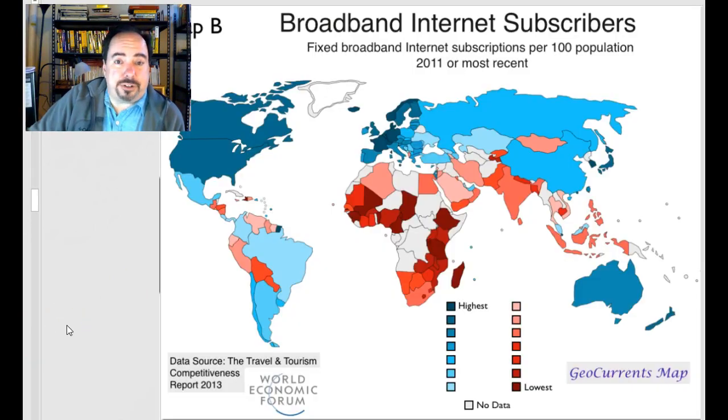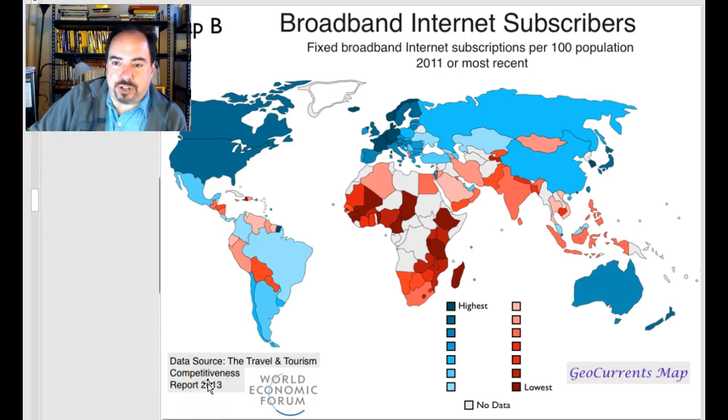But let's zoom out a little bit. Let's zoom out and look at the whole world. This is just the number of broadband internet subscribers. This was back in 2011, although the problem is it's not like you can get 2019, 2018, 2017 data easily. A lot of this is based on census data, so it's always going to be many years old. So 2011 data that was reported in 2013.